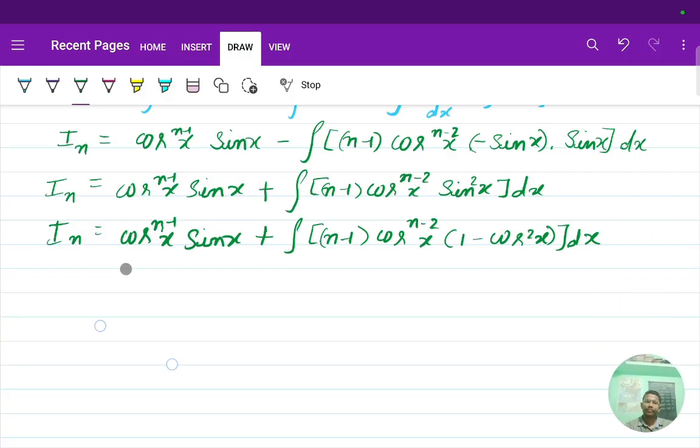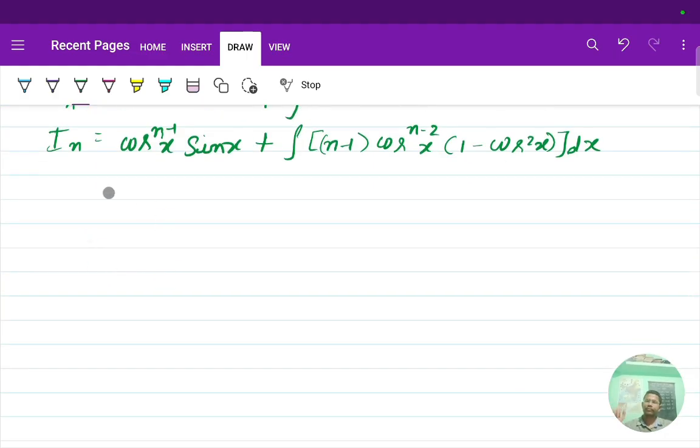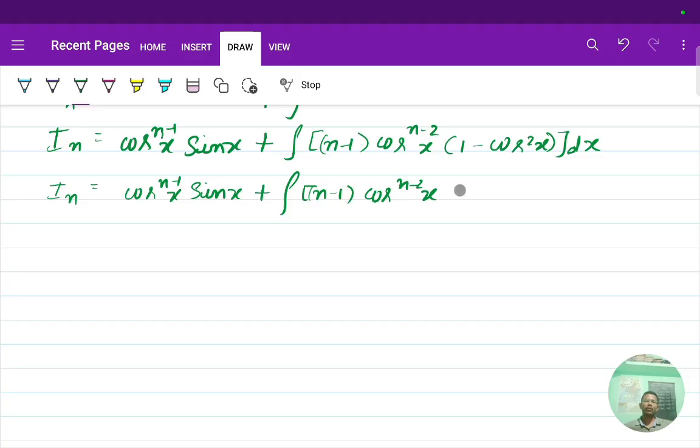Then I_n is equal to cos power n minus 1 x into sin x plus integration of n minus 1 cos power n minus 2 x into, now we can multiply this.